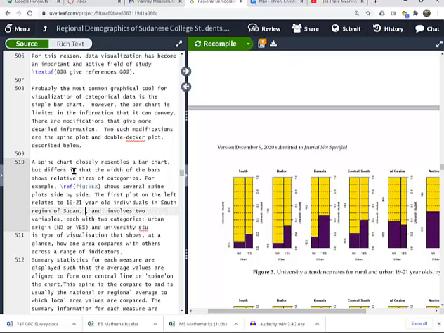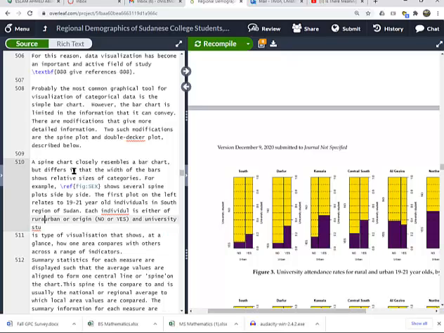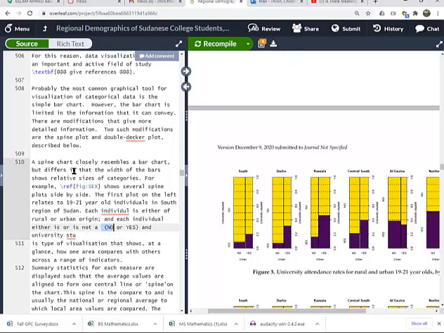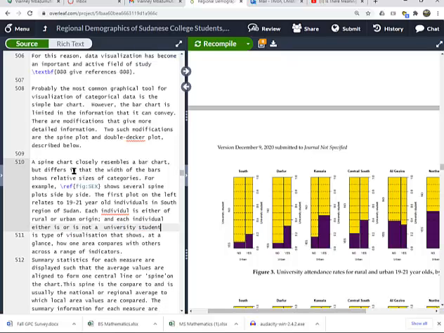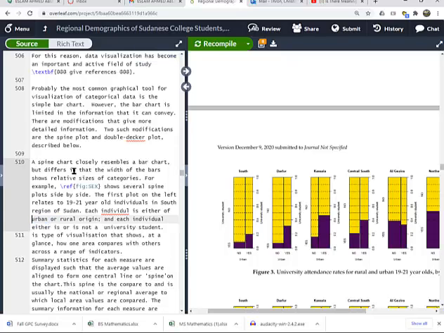Each individual is either of urban or rural origin, and each individual is either a university student or is not a university student. And here, let me put urban or rural.